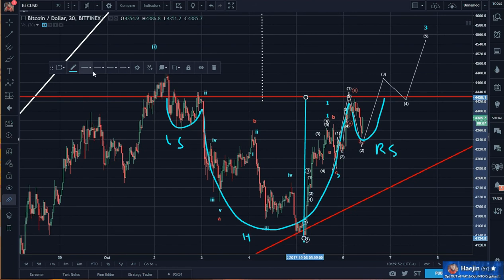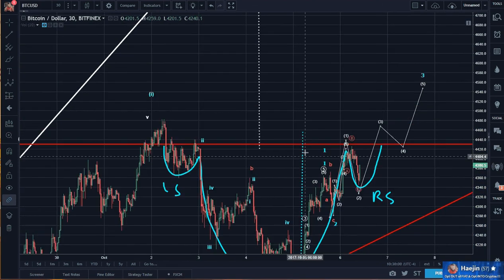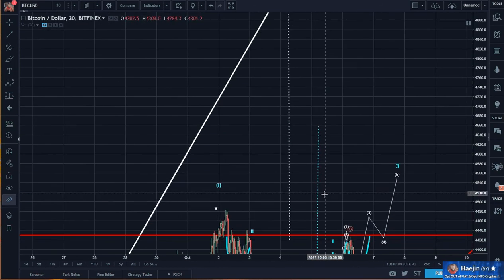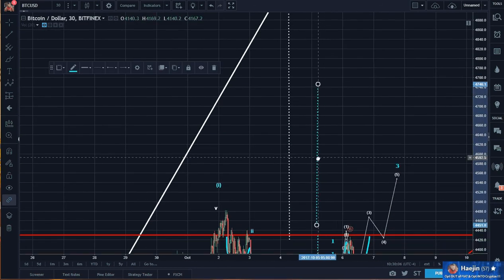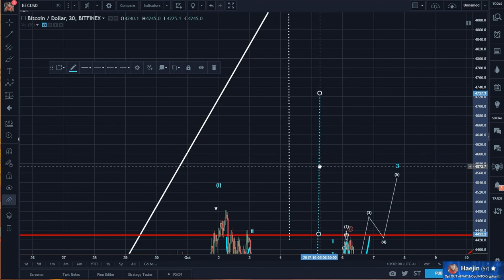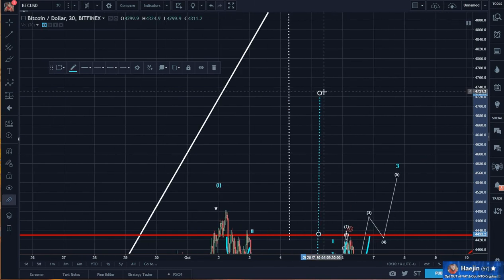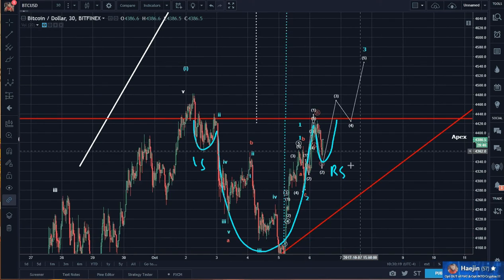Let me dot this. I think I've done this before here. Oh no, this was for the ascending right triangle. Target 4729. It's the minimum move if this head and shoulders actually happens.